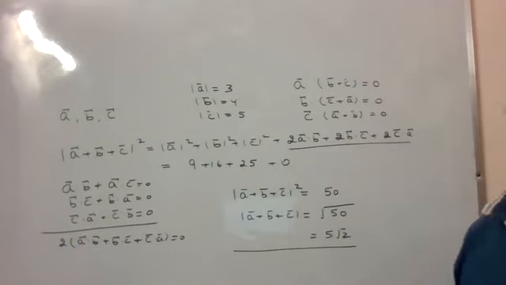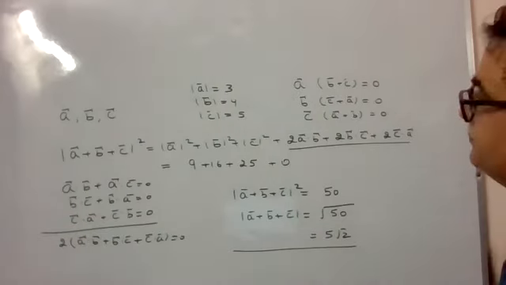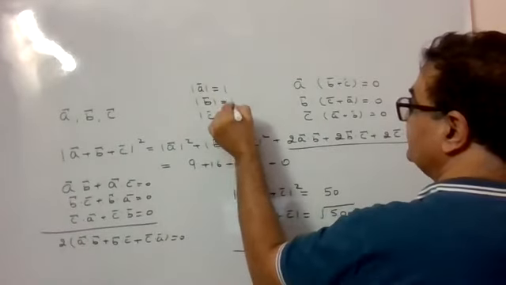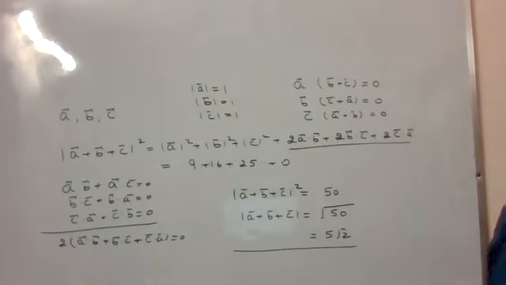Next question, write down please. A, B, C are unit vectors. Means this is 1, and this is 1.